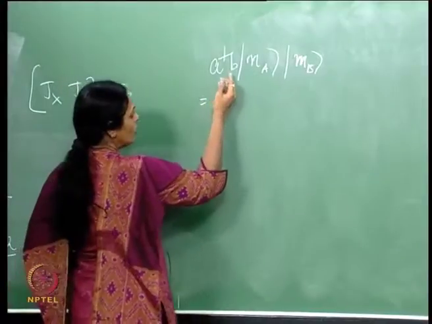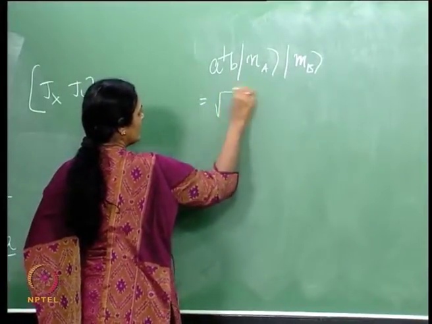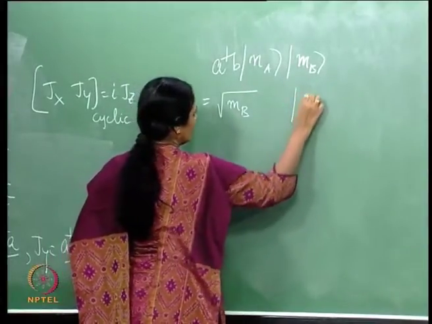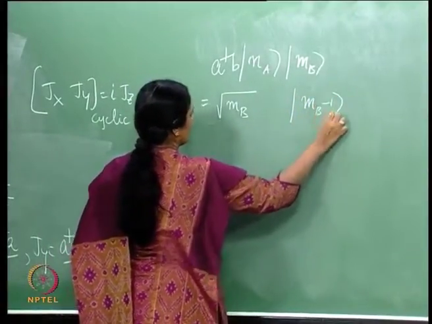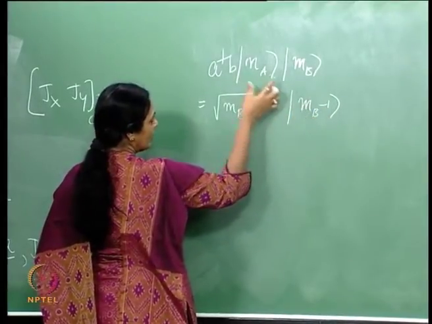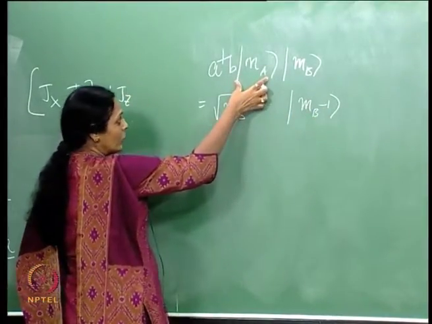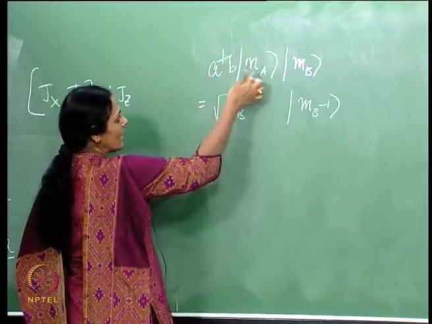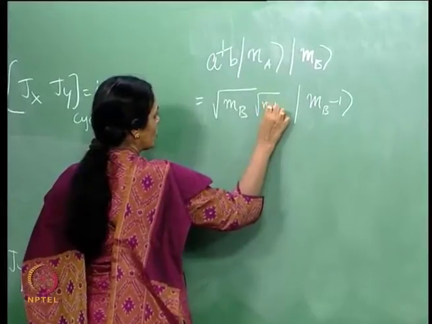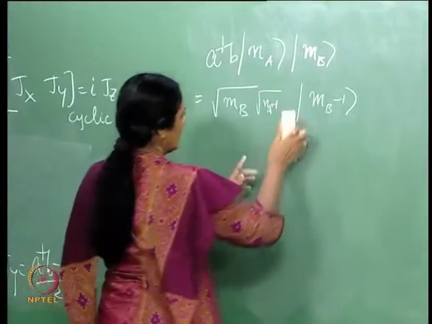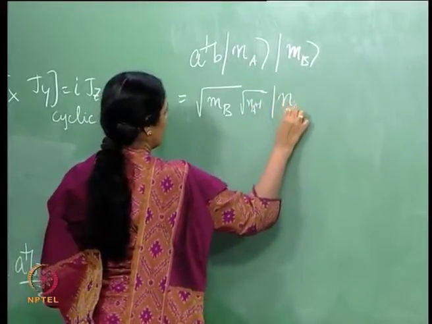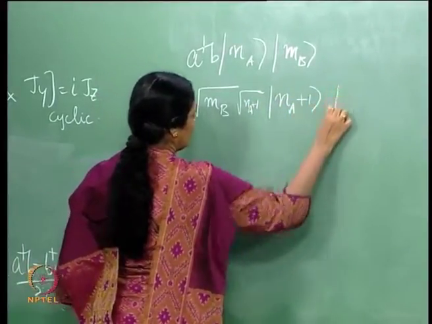As I said before, B acts on Nb to pull out root Nb, lowering this to Nb minus 1, leaving the state ket Na alone, and A dagger acts on the state ket Na, pulling out a root of Na plus 1, raising the label to Na plus 1.